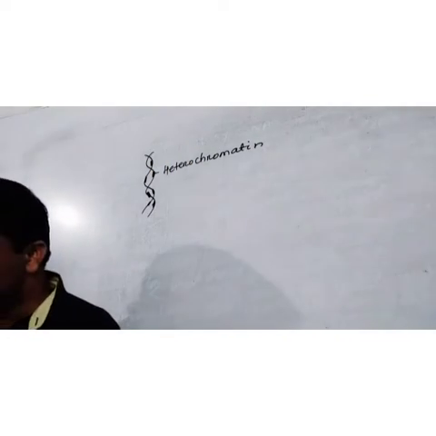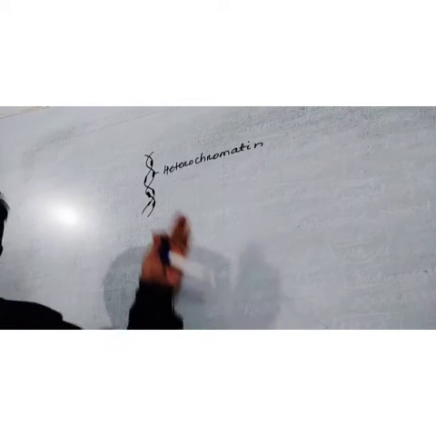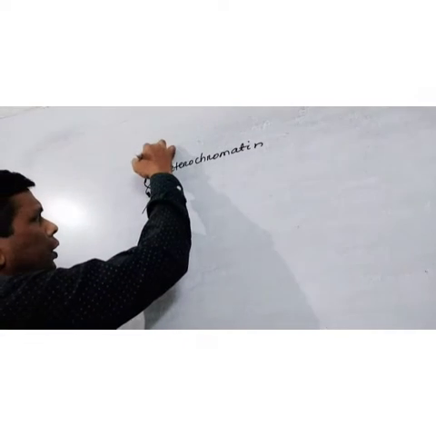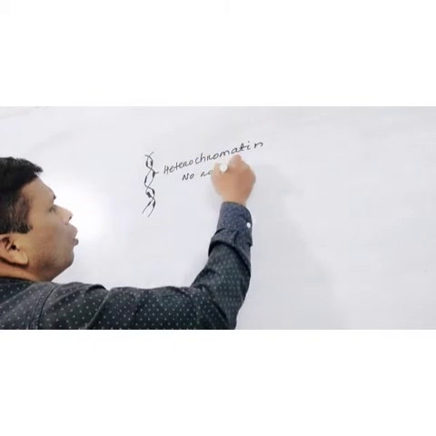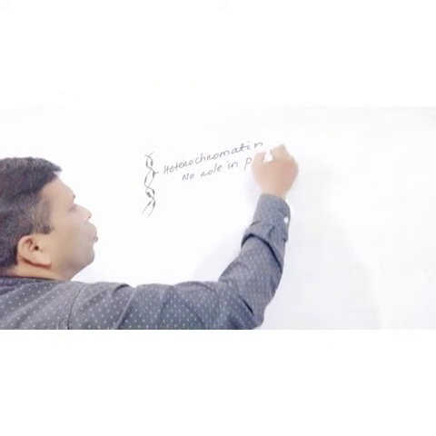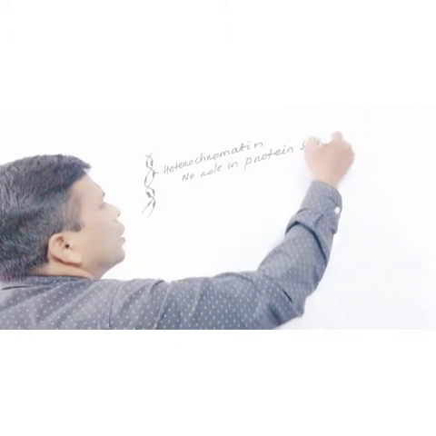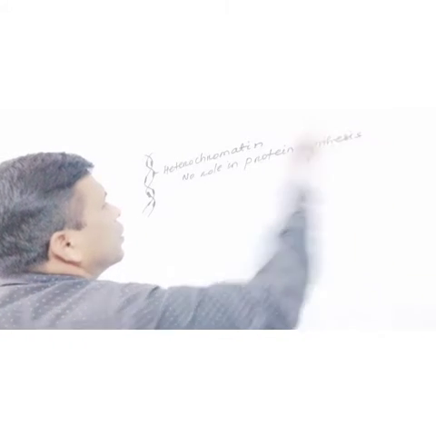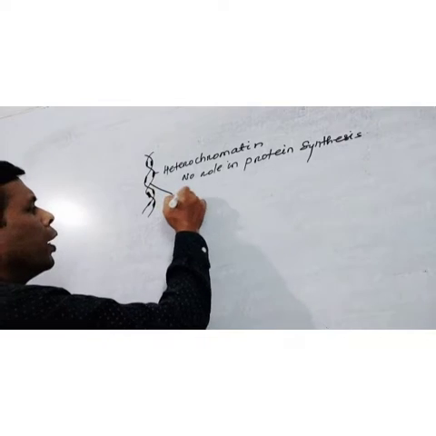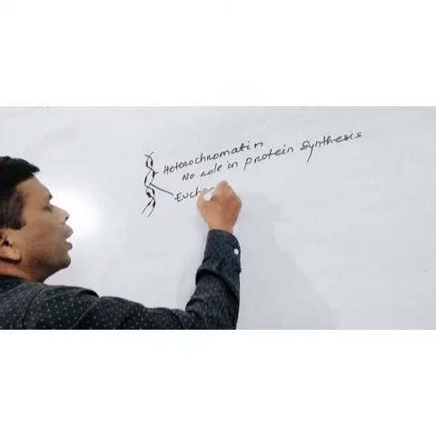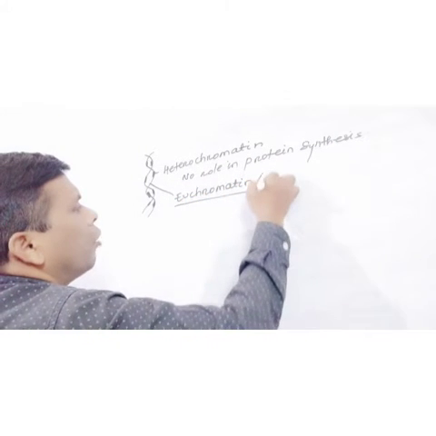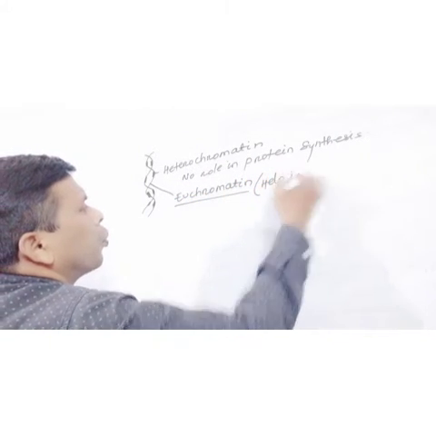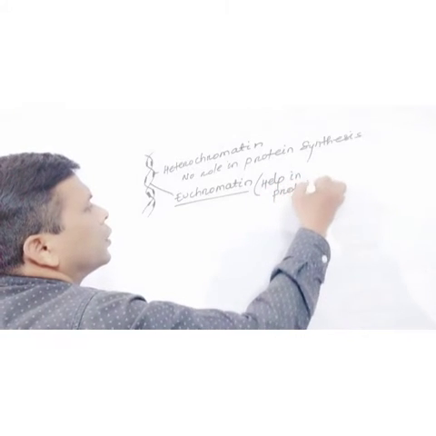Euchromatin helps in protein synthesis, heterochromatin does not help in protein synthesis. Heterochromatin has no role in protein formation. The euchromatin has the power of helping protein synthesis.